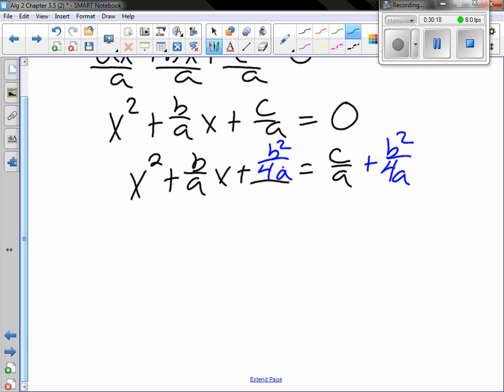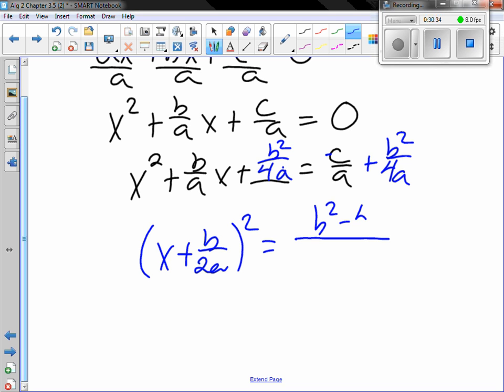Now, I'm not worried too much about the details. The right side needs to be negative, b squared minus 4ac all over 4a squared.